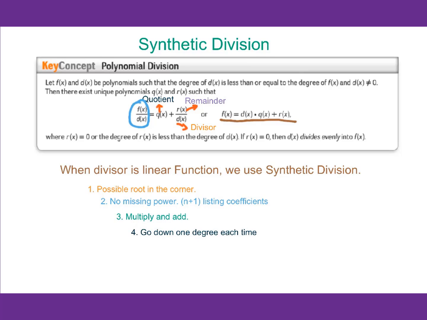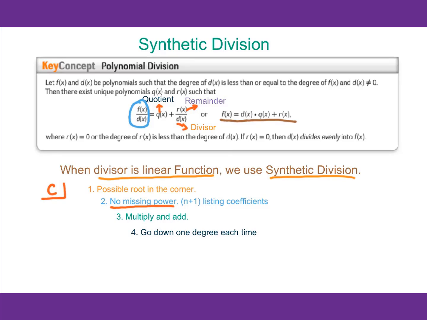When the divisor is a linear function, we use synthetic division. When you do synthetic division, remember, root in the corner. No missing power.